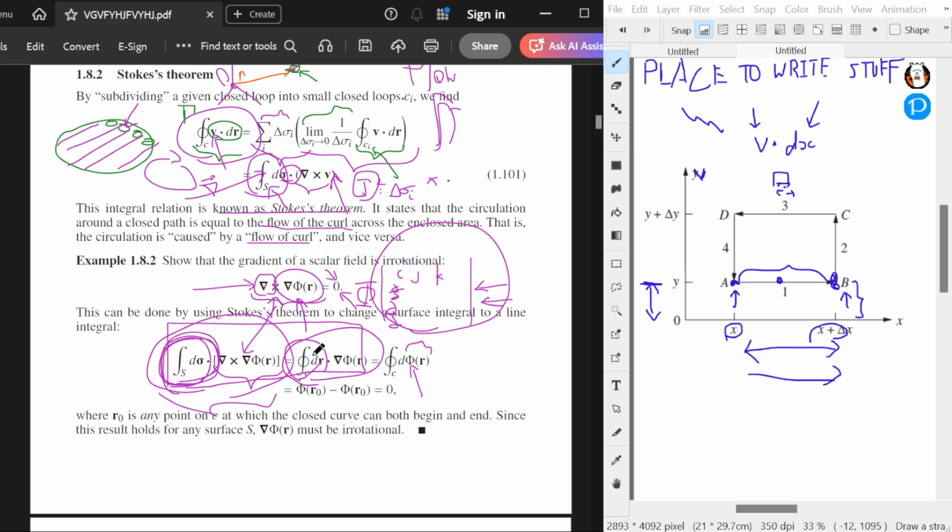Let's just compute this dot product right now. dx multiplied by del x phi, phi of r, just phi. I guess I'll add the r. Del x phi dx, plus del y phi dy, plus del z phi dz.